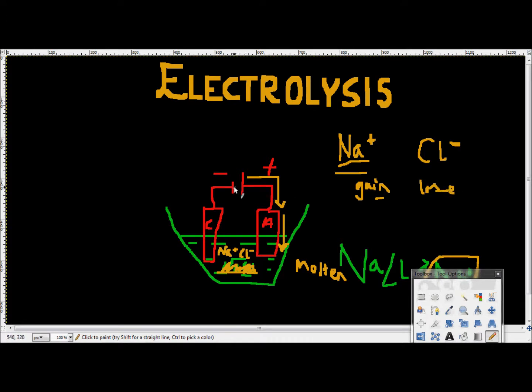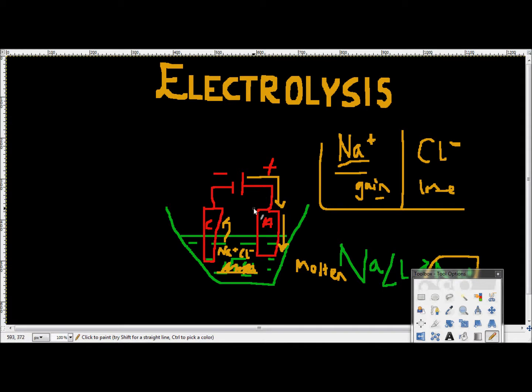These two ions in this electrolyte are really free to move, they can go anywhere. Now look at the cathode, it's connected to negative, so it has electrons available, and the one that wants electrons is Na+, which is a cation. So the Na+ get to the cathode, gain an electron, and are happy.